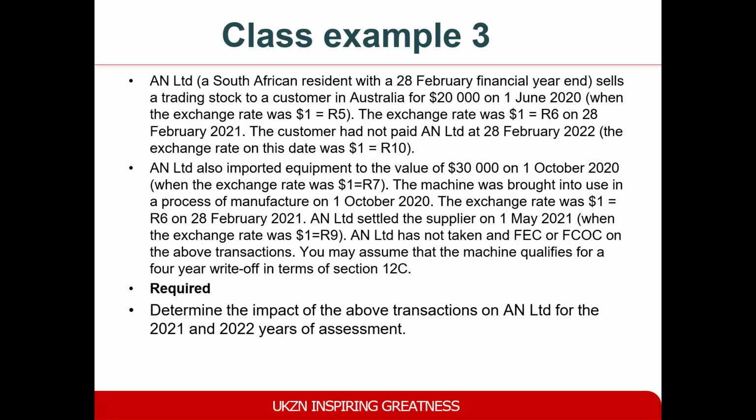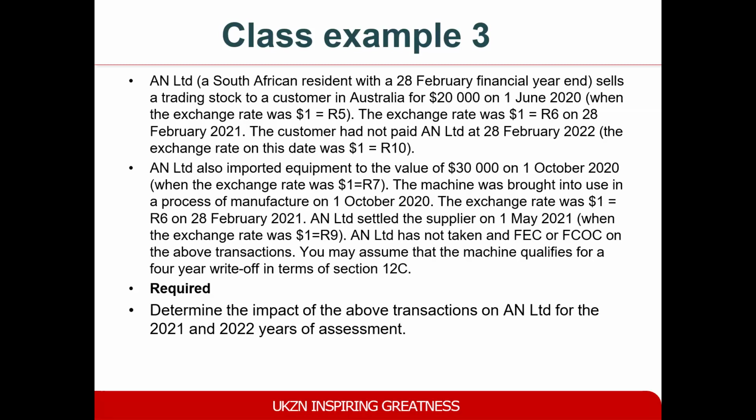The first thing you need to know, at the transaction date, we've got to convert the debt, $30,000 times the spot rate, which is 7, because we're using section 25D. So we bought the machine on 1st October. In that case, for the machine, we'll have to account for wear and tear, because we bought the machine for the purpose of manufacture.